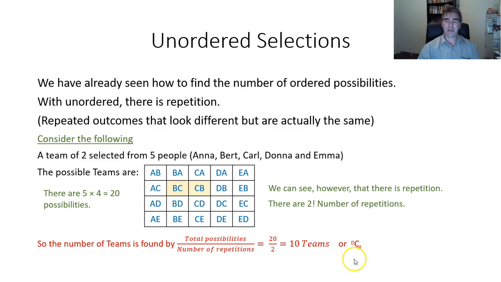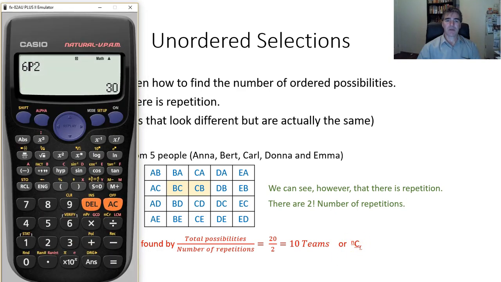Okay, now what I did mention before is that this is also a combination, and we can use the nCr button on our calculator. Just to show you what that looks like with the Casio, that's clear what I had on previously. And our nCr is written in yellow just above the division button, so I'd have to press Shift and that. So I'll just show you quickly.